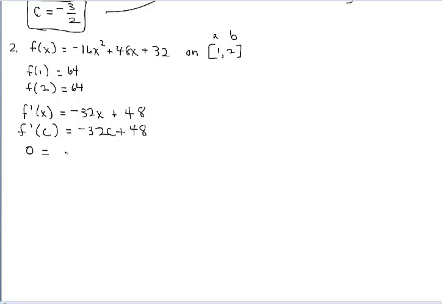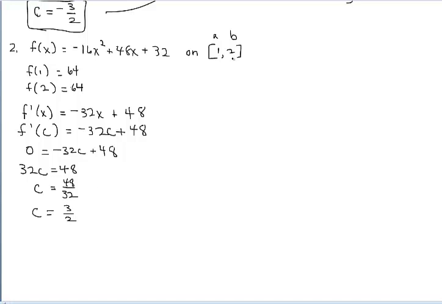So let's find the horizontal tangent, at least the x value. I know these are both divisible by 16, so that would give me 3 over 2, 3 halves. Just double checking, does 1.5 fall between 1 and 2?